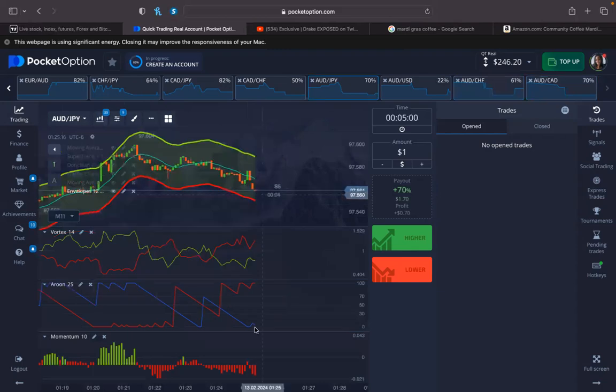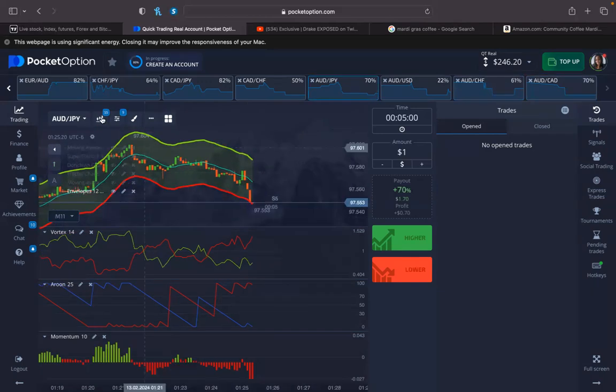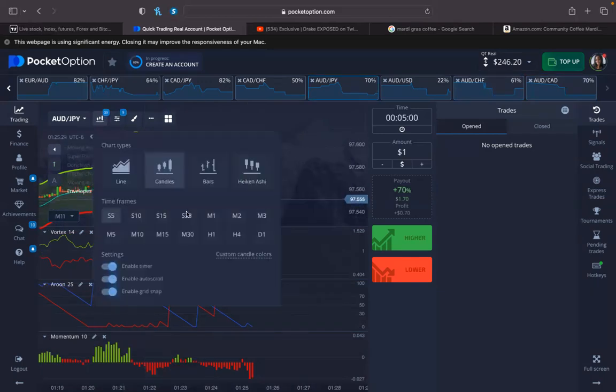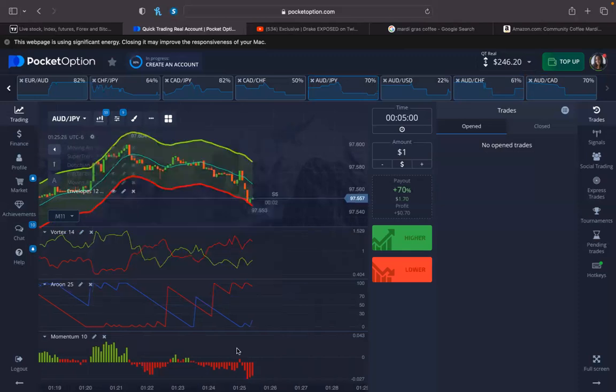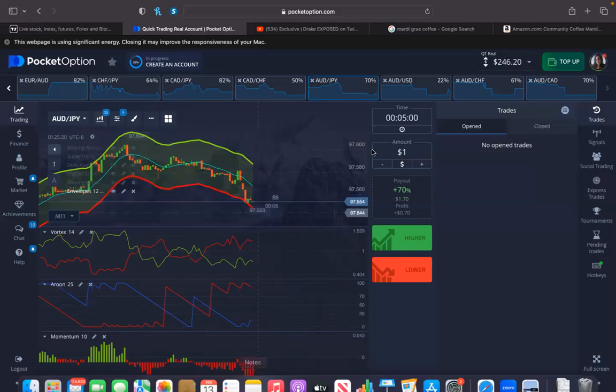And I don't see right now that it's actually moving up. And we know that each one of these candles, or each one of these time frames, is building up into the 5 minute. So since I am not seeing a buy right now, I won't enter into that trade.